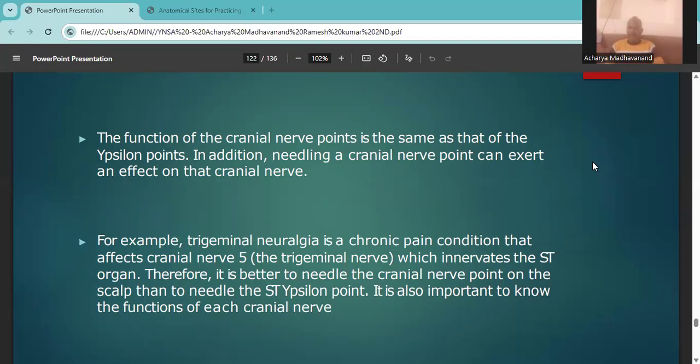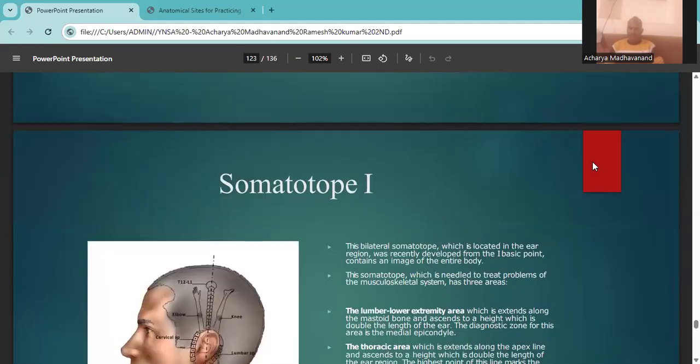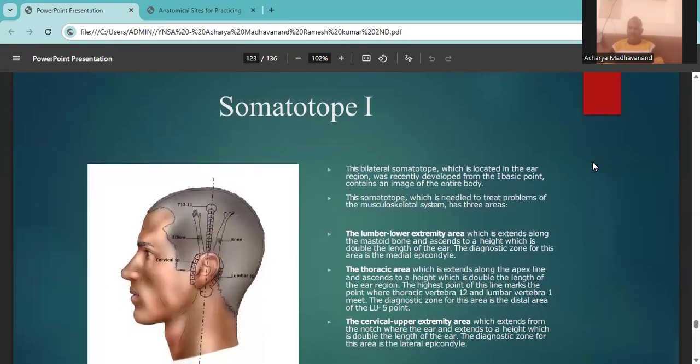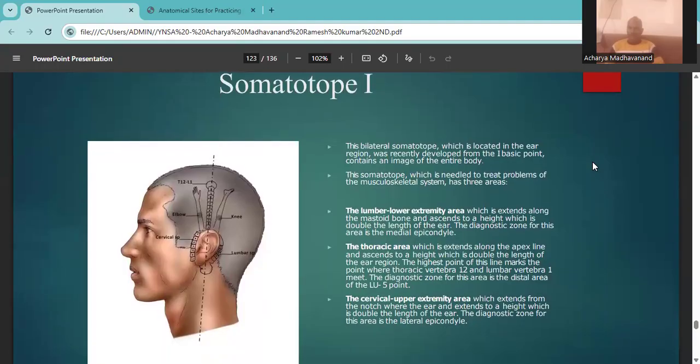The next, stomach eye. The bilateral somatotope. This picture you can draw bilaterally on your patient's head, located in the ear region.